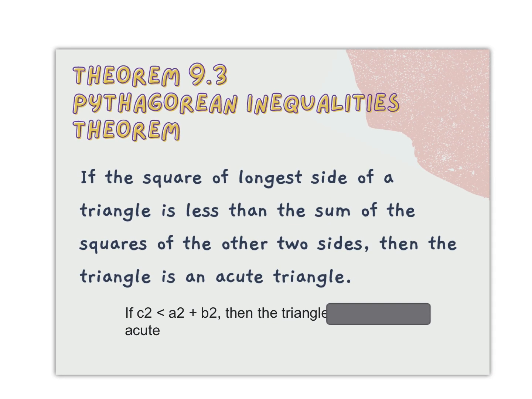We also have these inequality theorems, which help us understand that if a squared plus b squared is not equal to c squared, then we can determine what kind of triangle it is. So there's a formula. If c squared is less than the sum of the other two sides squared, then the triangle is an acute triangle.